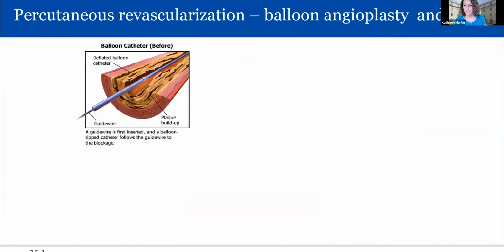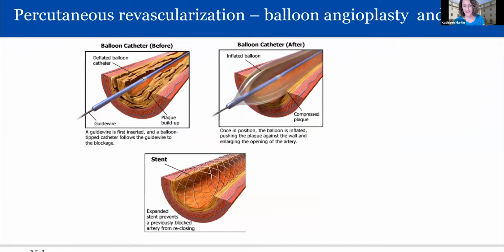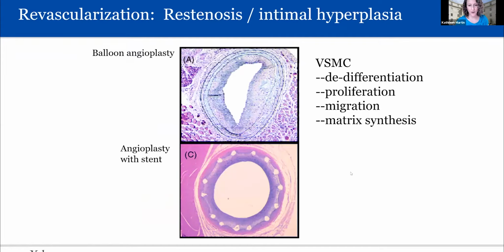Restenosis and intimal hyperplasia is a complication of revascularization procedures, including angioplasty and stenting, where the smooth muscle cells de-differentiate and proliferate to participate in a wound healing response, but this response can go overboard and form these new lesions in the lumen. This is an example of these lesions in some rodent models of angioplasty or stenting.